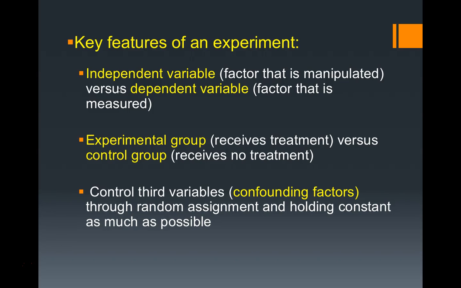The experimenter does that. The dependent variable is dependent on the subject's, the participant's, behavior. It's the factor that is measured. In a simple experiment, there is an experimental group that receives the treatment versus the control group that receives no treatment. And then third variables, called confounding factors, are controlled through random assignment and holding constant as many variables as possible.